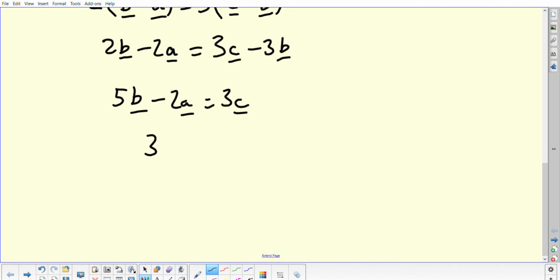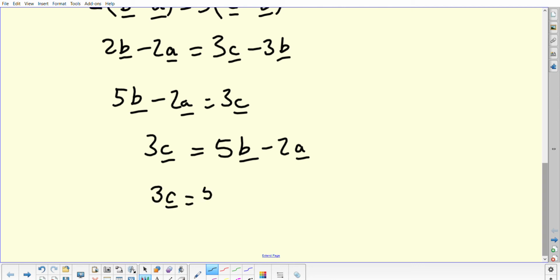I'm just going to switch that round and say 3C equals 5B minus 2A. Now I could divide by 3 here and then I'd have fractions and things involved, but I'm going to say it's easier to just work with the whole number parts of this first.